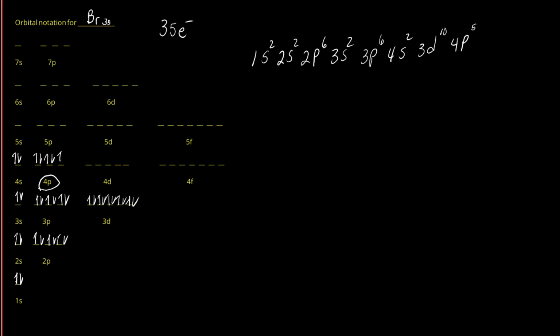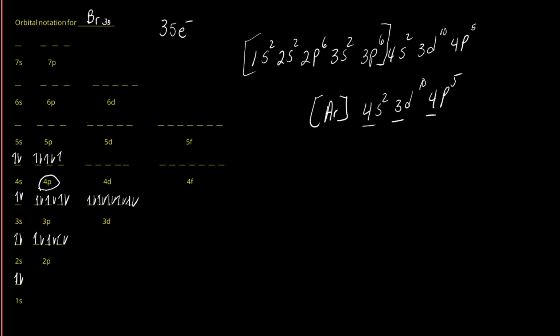Or if I want to write the shorthand notation, I go up and over to the right to argon. So this represents argon here. All right, so 4s2, 3d10, 4p5. This is not considered exactly correct. Generally, the accepted method is to arrange these in order from inside outward.